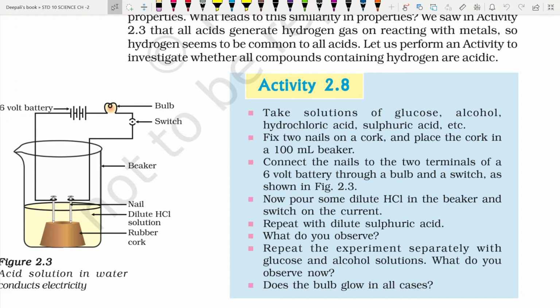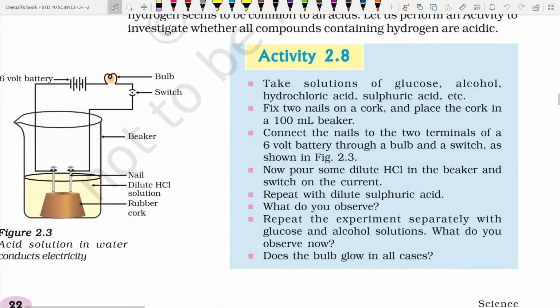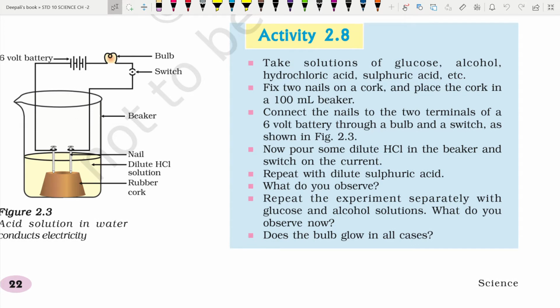We observe that the glowing of the bulb indicates that electric current is passing through the solution. Repeat the experiment separately with glucose and alcohol. What do you observe?